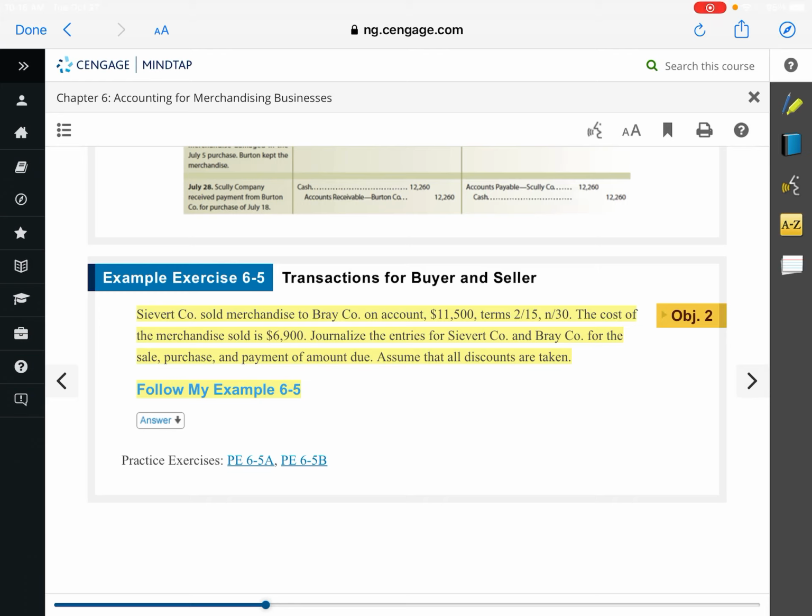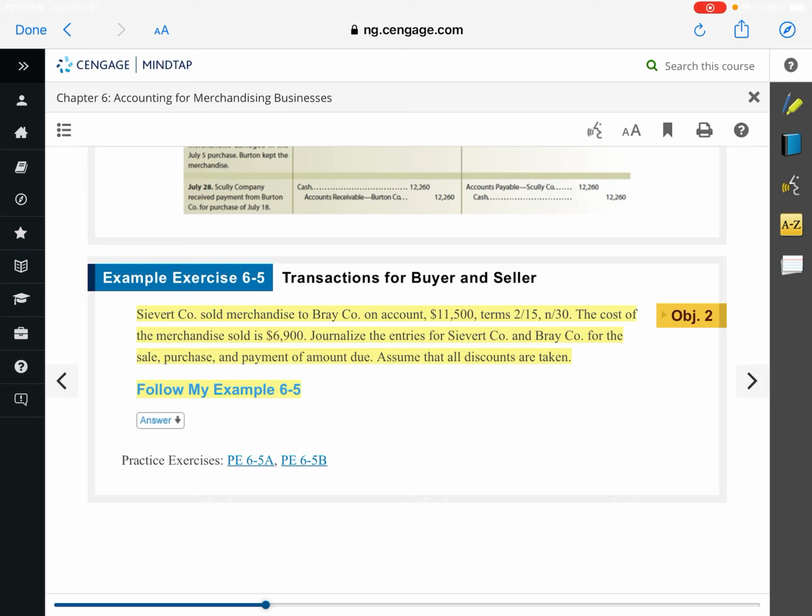So you can't discount what you paid for it. The discount only applies to what you sell it for. That's a good question, though. So the cost of merchandise sold is what it is. It's not affected by any discounts that we might offer or anything like that. Okay? It's a good question.